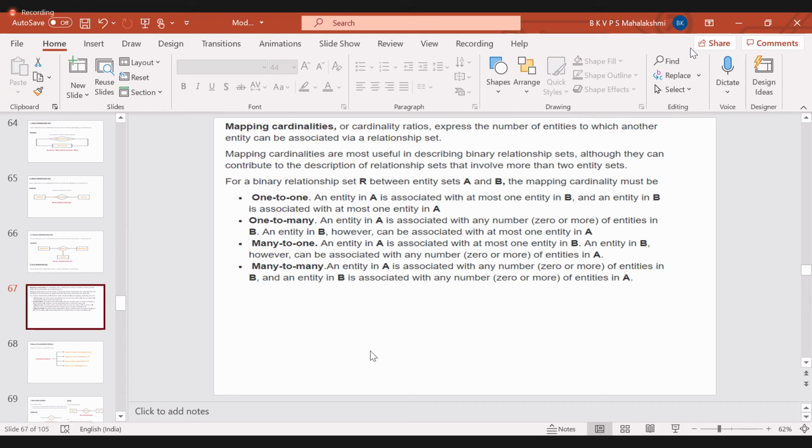And one more thing, if I kept a restriction that if one particular student has registered for one particular course, then no other student should register for that course, then automatically one student will be mapped to one particular course, and the second student will be mapped to another particular course. So that is the mapping cardinality, nothing but 1:1. Understand?